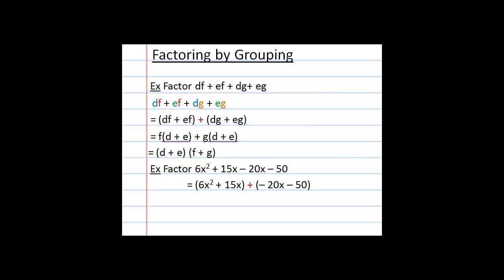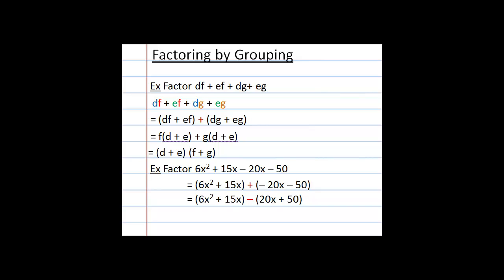So I could have written this as 6x squared plus 15x, written as a subtraction, but then the two terms inside the second bracket would have to change from two negatives into two positive terms. Both of those signs need to change. Okay? So either of those is correct. You can choose either one, whichever one is easier for you to remember.